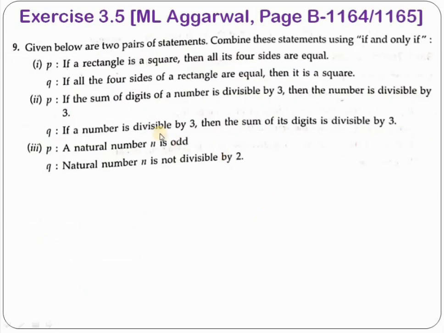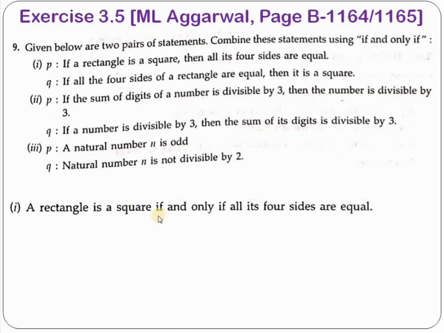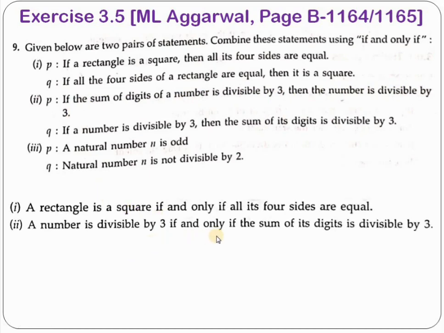All right, so here also this is my P, this next part is my Q, right? So P implies and implied by Q can be written as: the sum of the digits of a number is divisible by 3 if and only if the number is divisible by 3. Okay, so that's what will be my answer for the second part.